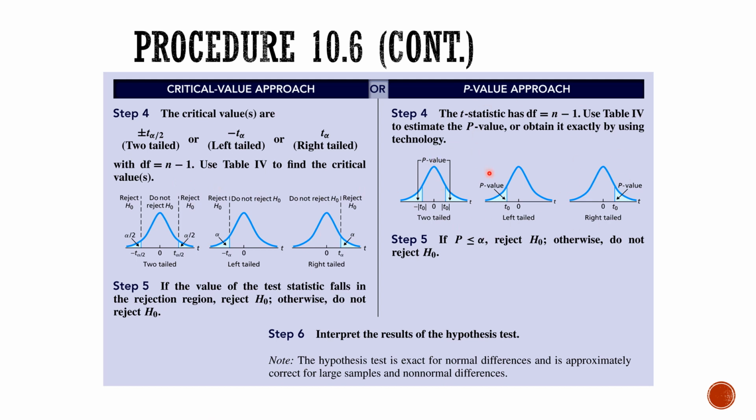Or we can use the p-value approach, where we bring our test statistic and find the probability of getting that particular value for the test statistic, assuming the null hypothesis is true. Once we perform those two approaches, based on the results, we will take a decision whether we should reject the null hypothesis or not reject the null hypothesis, and finally interpret the results of the hypothesis test.